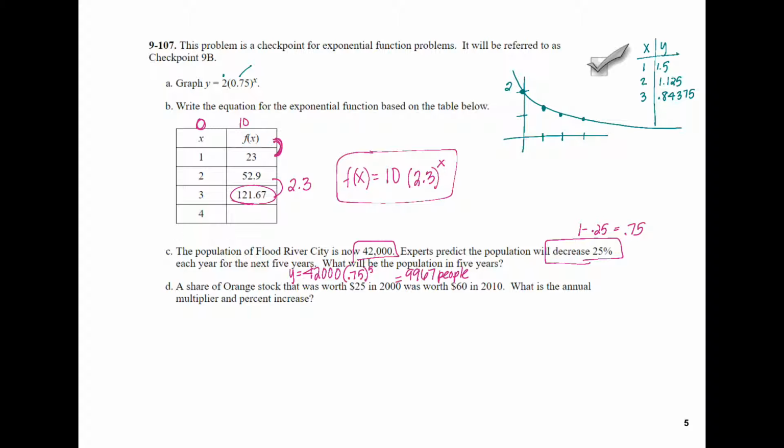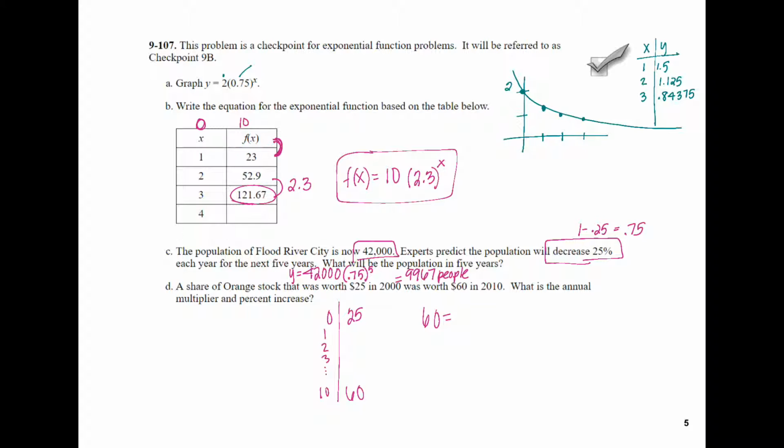D says a share of orange stock that was worth $25 in 2000 was worth $60 in 2010. What is the annual multiplier and percent increase? If I start with the year 2000 as 0 and have the year 2010, I can write an equation.